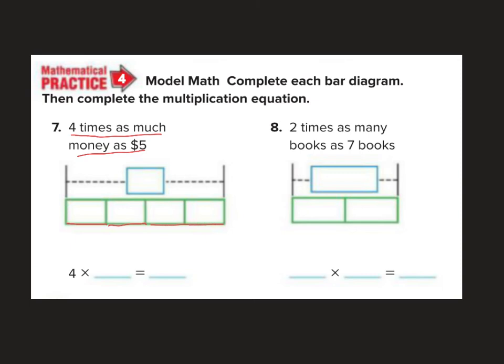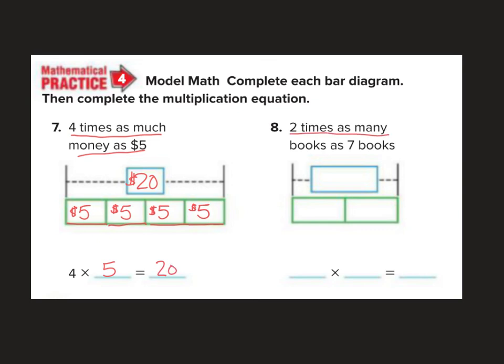So what's going to go in each group? $5 is going to go in each group. Okay, so if I have 4 groups of 5, I have 5, 10, 15, 20 dollars. Okay, so 4 times 5 is 20.